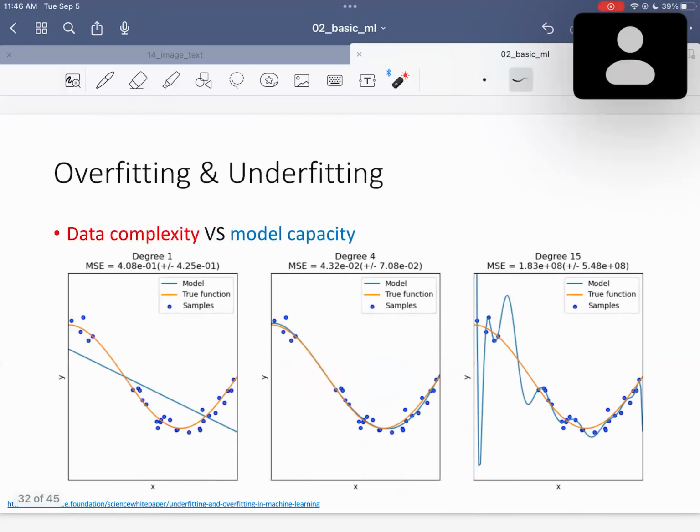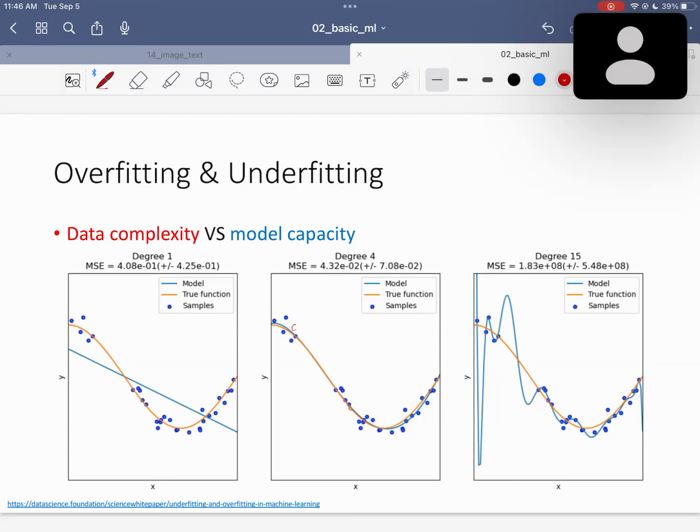For example, suppose that you only have, let me use red color, 1, 2, 3, 4, 5, 6 samples. Actually, I forgot to put observation error.